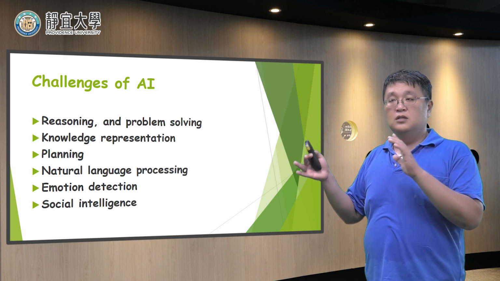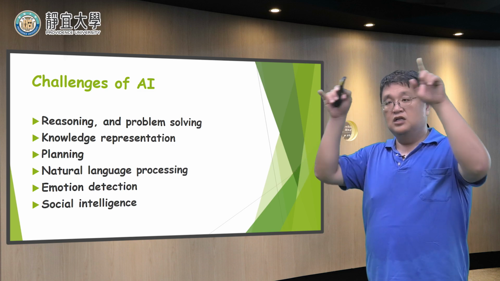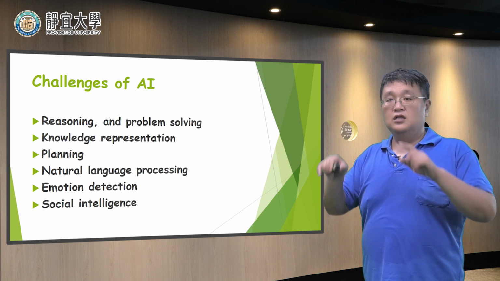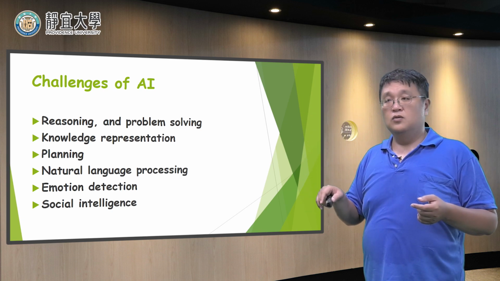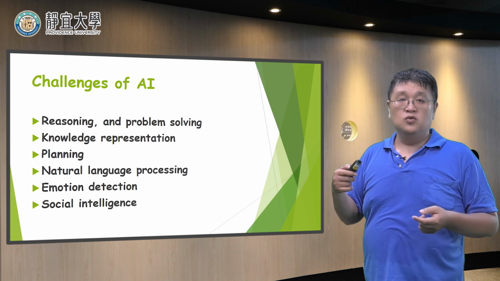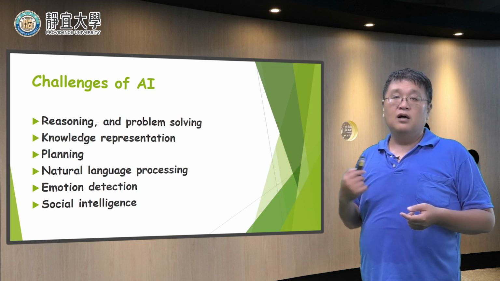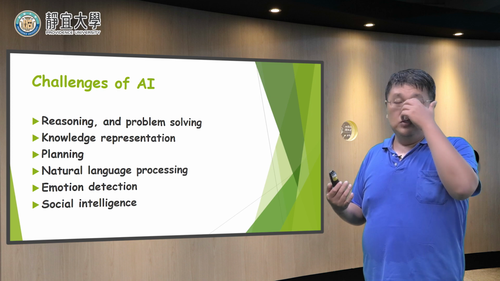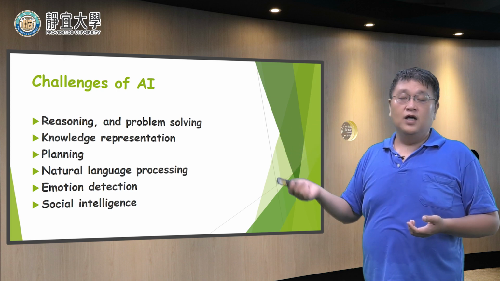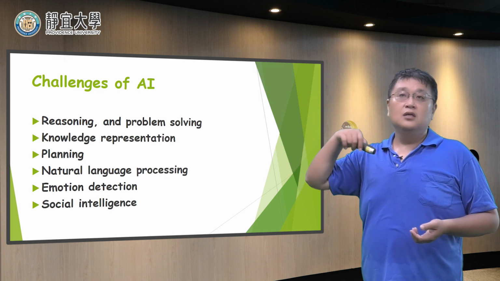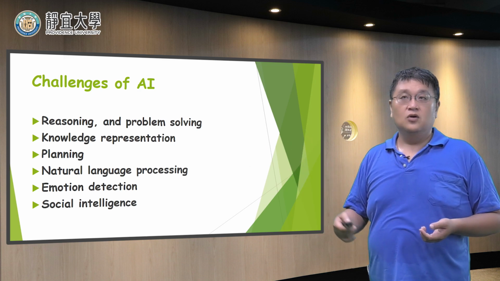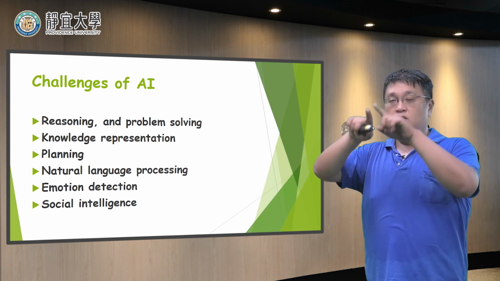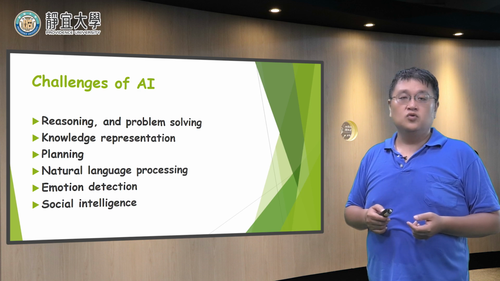In this scenario, the robot knows our emotion. It knows we are very sad, and it will help us overcome this situation. How we do that is emotion detection.